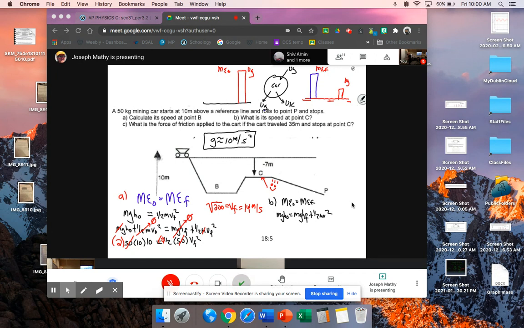Now, truth be known, we don't need any of the m's. They can all come out to help us solve this faster. 10 times 10 equals 10 times, if I'm 3 below my reference line out of 10, I've got my height of 3, plus 1/2 of my v squared.